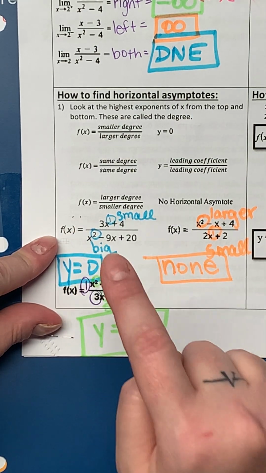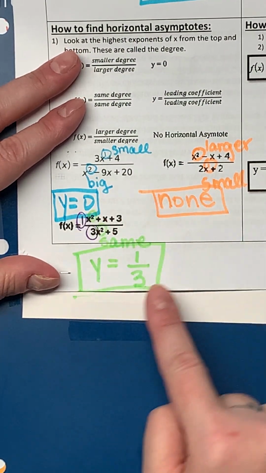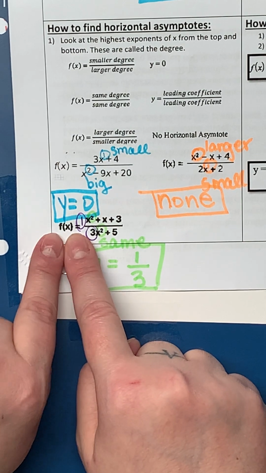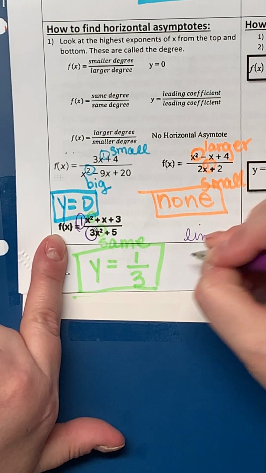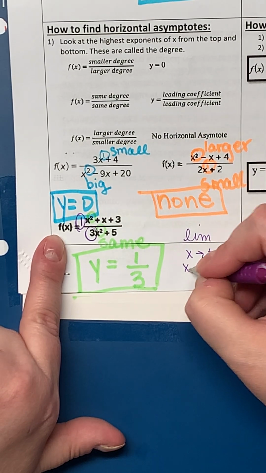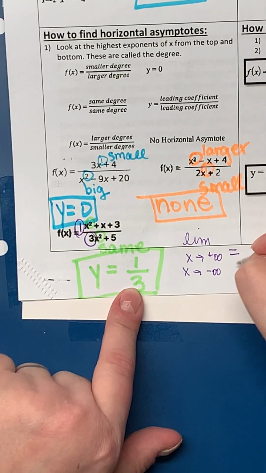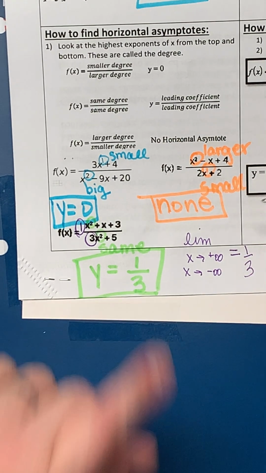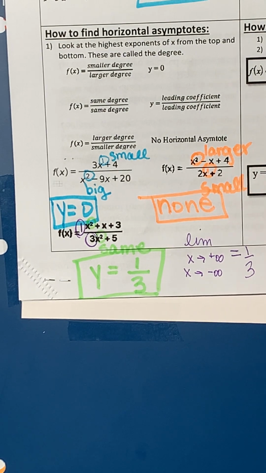If the question was limit as x approaches negative infinity, the answer would be 0. For this equation, if it said limit as x approaches positive infinity, or if it said negative infinity, the answer would both be 1/3. So the limit and the horizontal asymptote turn out being the same thing.